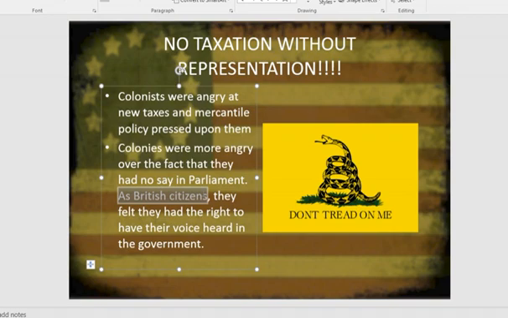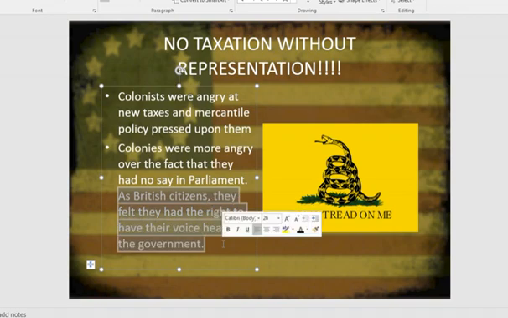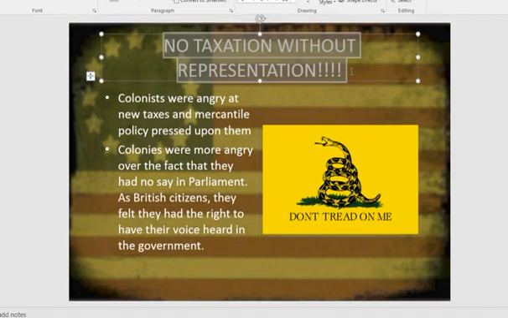Because we are British citizens, we have the right to have our voice heard in government. But our voice is not being heard in government. These taxes and these policies are being passed to our detriment against our will, and we have no voice in it, which leads to the slogan, no taxation without representation.